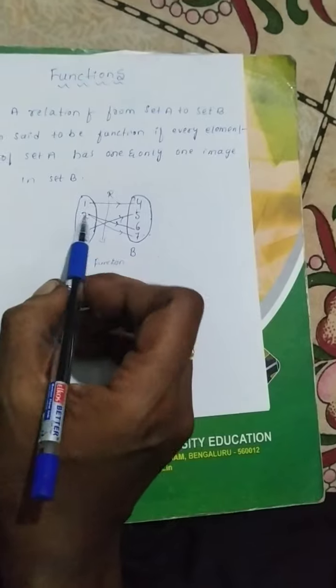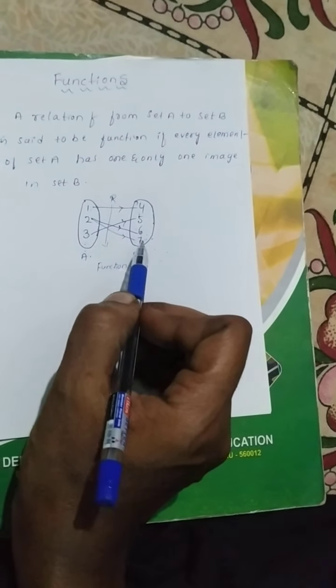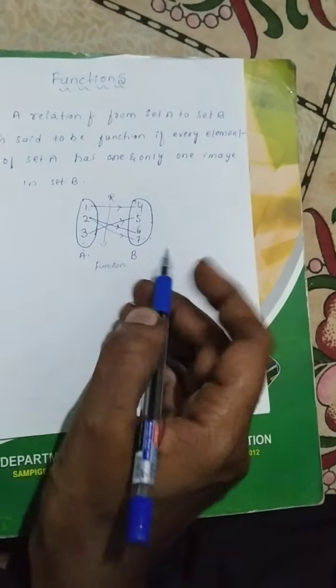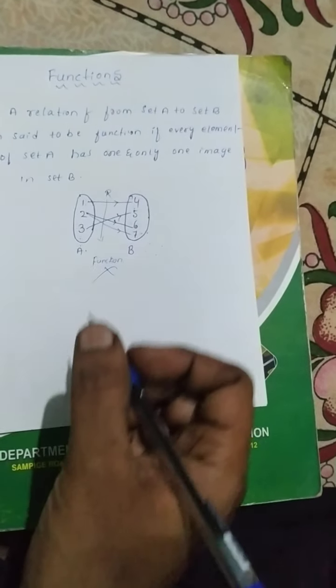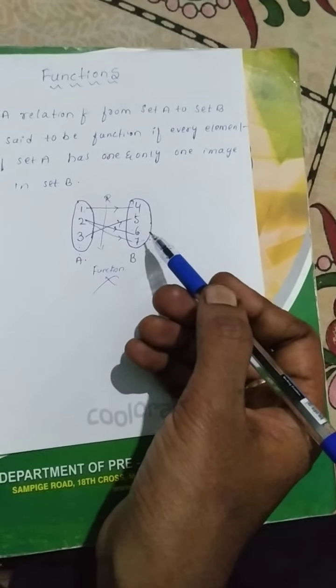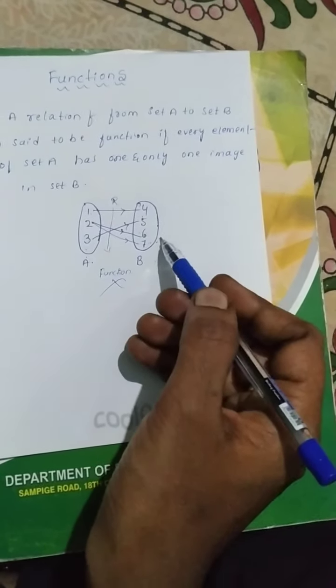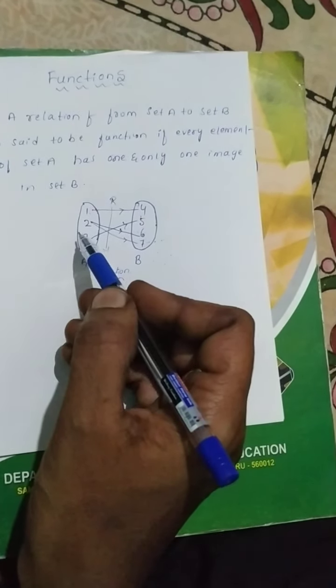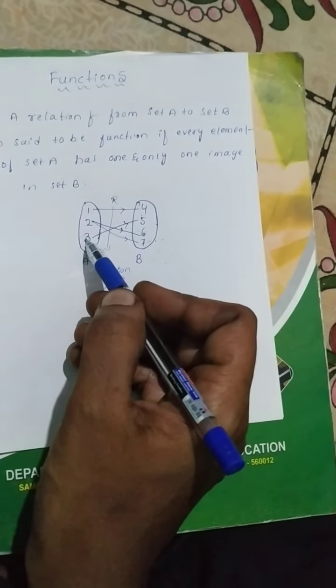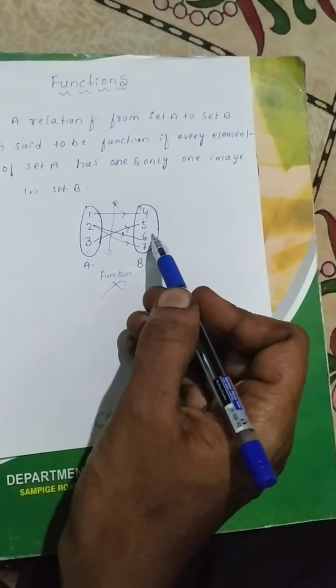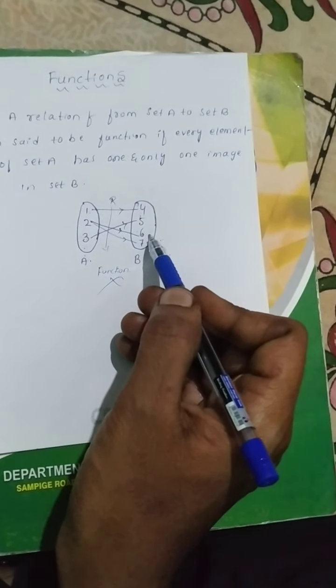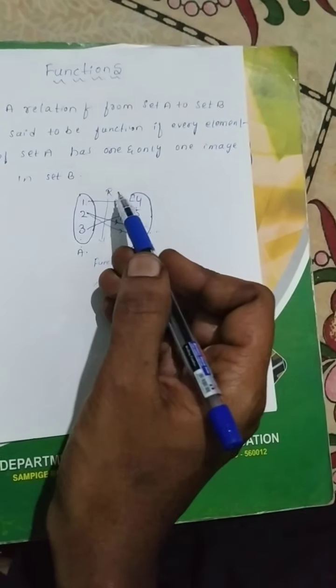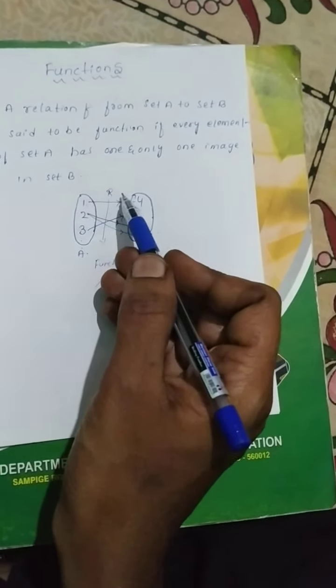If for this element we have 2 images in set B, then in that case this is not a function. It may be a relation, but this is not a function. Hope you guys understood now. For each and every element of set A there should be one image in set B. Then only we will call this relation a function.